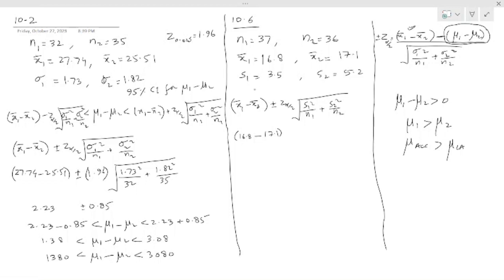Let's assume that this time I am asking you to construct a 90% CI for the difference between the mean weight loss by the two groups. So the Z value has a subscript 0.05 for 90% CI, and that's 1.645 is the value. So 1.645, and again don't forget to raise standard deviations to square.